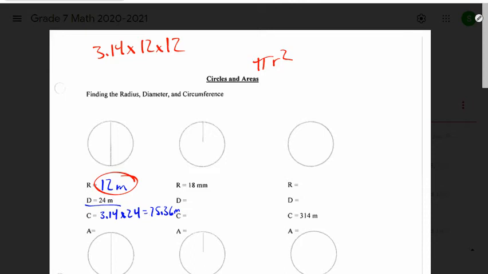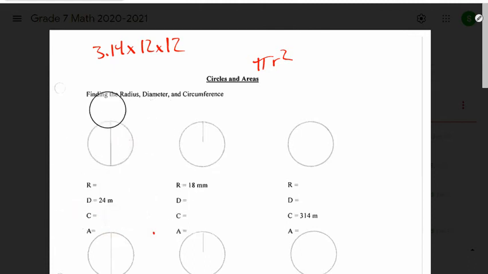So I go 3.14 times 12 times 12, and I get 452.16. And we're talking meters. Now don't forget this, it's not just meters one-dimensional, it's meters squared, because inside here we're filling it with a meter by meter squared. I'm trying to figure out how much that is.